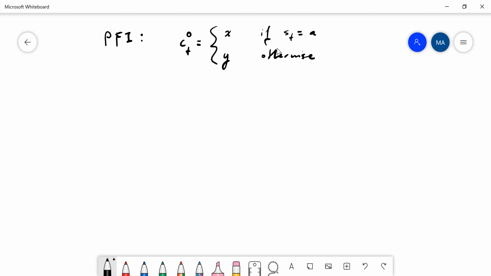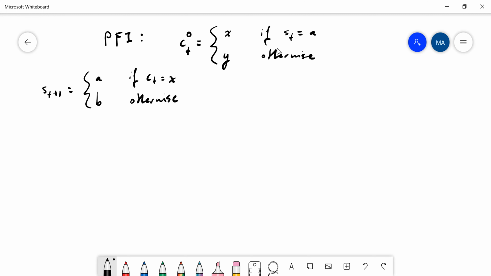Remember, the transition tells you that ST plus 1 will be equal to A if CT is equal to X, and it will be equal to B otherwise. Now you can understand the rewards and the controls.